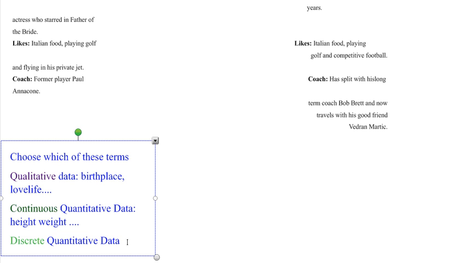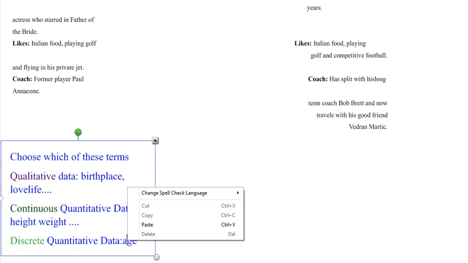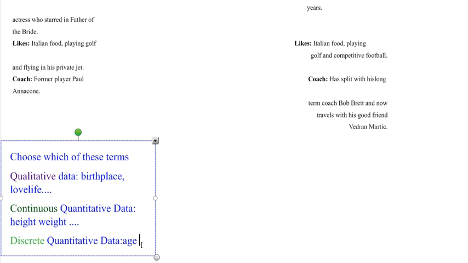But if we are talking about age or number of matches, it is discrete quantitative data. Why?